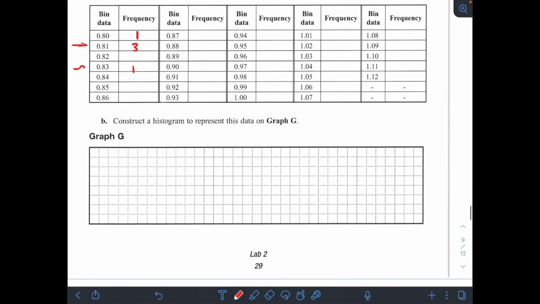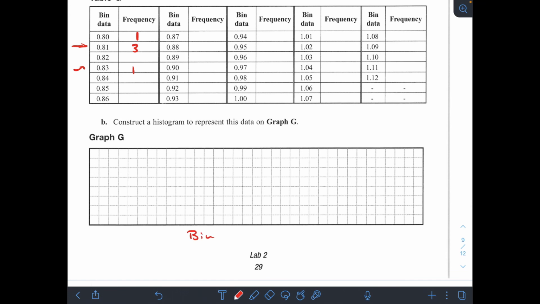Okay, and then we're going to construct a histogram, right? So you'll have your various bin data. So on your x-axis, this is the independent data. And then on your y-axis, you should have your frequency.